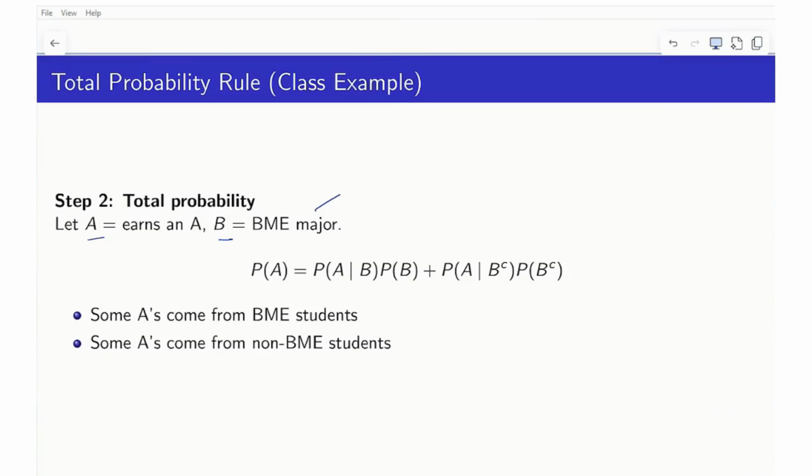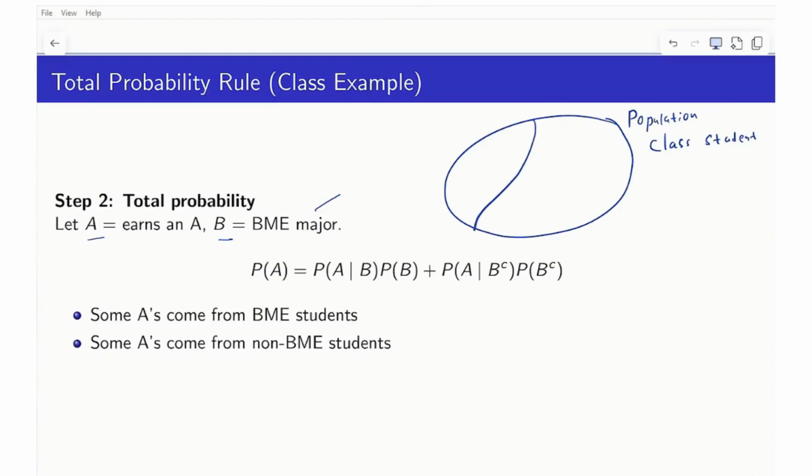So we can partition the population of class students into two parts: B, and the complement, non-biomedical engineering major students. That is the complement B^C, or you can write B prime.